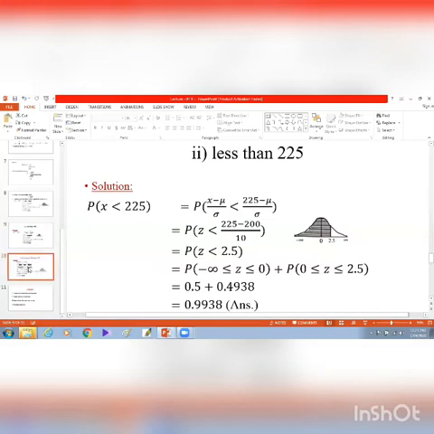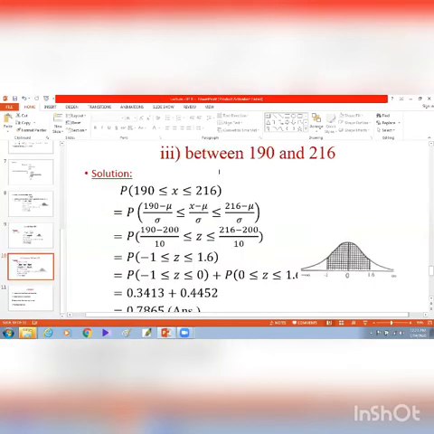Now, another problem: the number of heads lies between 190 and 216. Symbolically, it is probability of 190 less or equal x less or equal 216. Since x must be converted to z, we subtract mu in all parts and divide the difference by sigma.